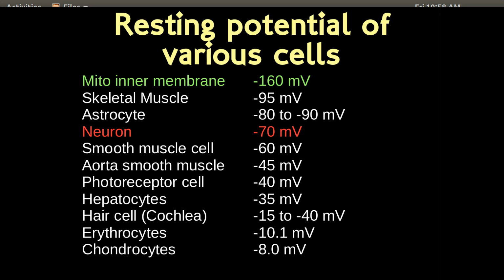So let's talk about this specifically. Oh, do you have a question? Quick question. If the electrical gradient is set up with all these other atoms, what's the difference between electrical and chemical? That's a really good question. In short, you set it up with those ions, but for the electrical gradient, you only have to move very small amounts of them across.